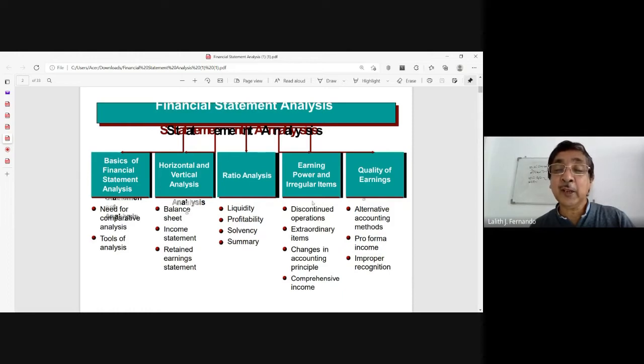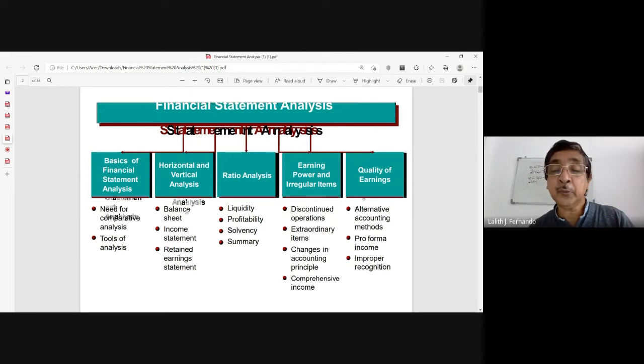That is why we need to see what the irregular items are. We have to check the irregular items to get an idea about the exceptions. Then we will be in a position to correct those things and put the organization on the correct rails. So that is what we need to do.